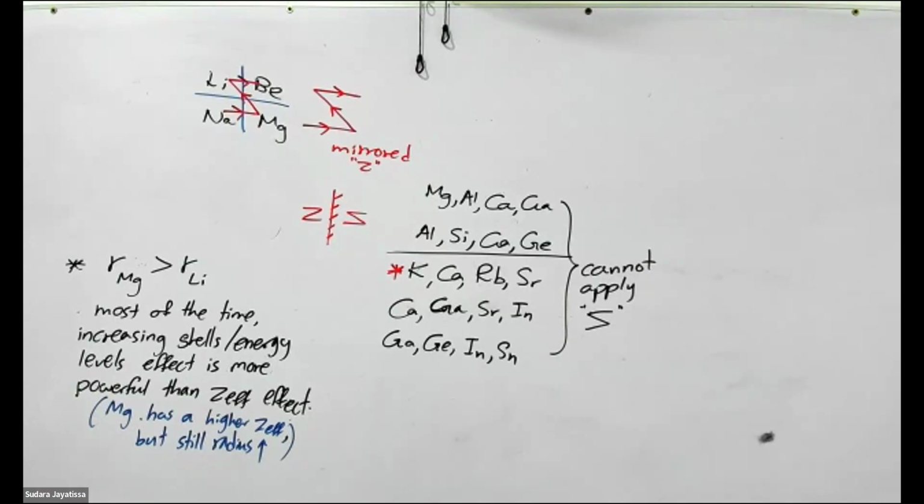That means the energy level effect is more than the S, N, D, F effect across the period. Across the period, it tries to decrease. So magnesium tries to decrease, but it is not lower than lithium. Okay, finish.